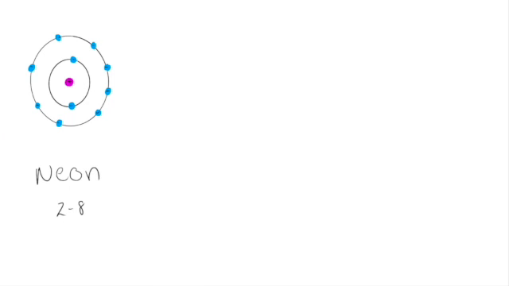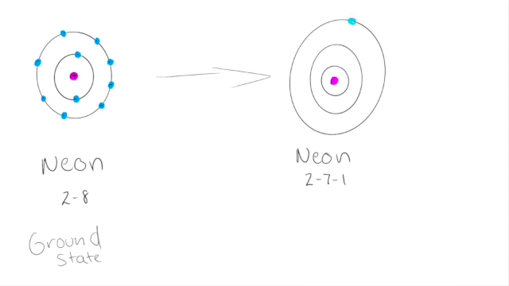Now, neon has the electron configuration: on its first shell, it has 2 electrons, and then on its second shell, it has 8 electrons. Now, that is the ground state of neon. When it goes to the excited state, you can see here, I drew it as 2 electrons on the first shell, 7 electrons on the second shell, and then 1 electron on the third shell.